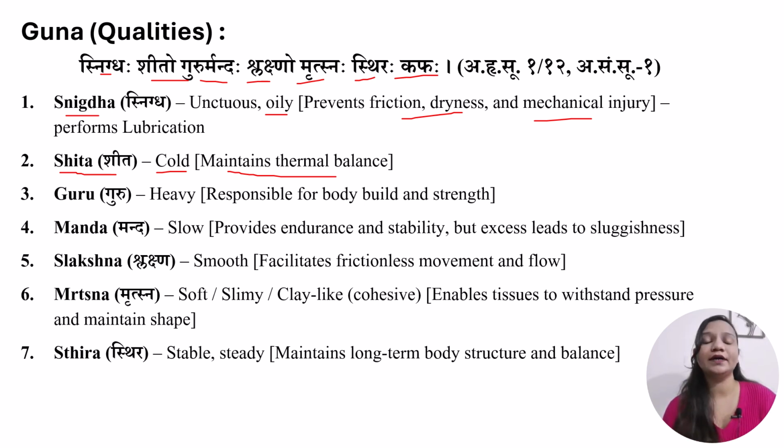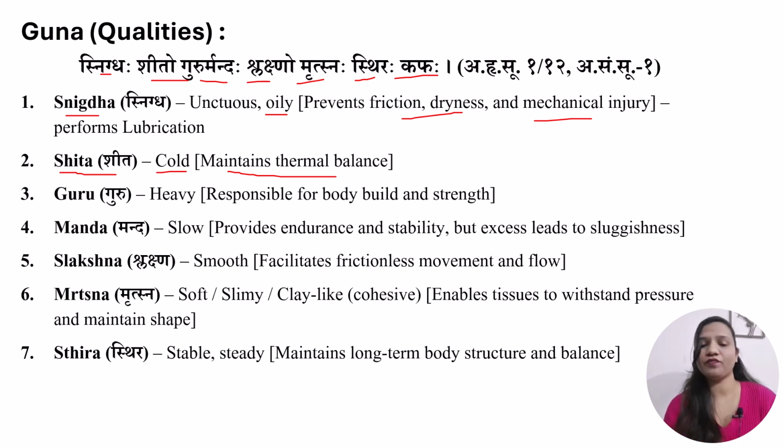So what it does, it reduces excess heat and thus helps in inflammation, and it also prevents hyperactivity of the Agni, and so promotes slow and sustained digestion. And this quality also supports tissue repair by reducing inflammation.